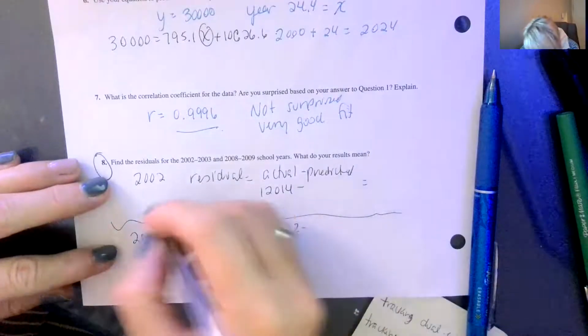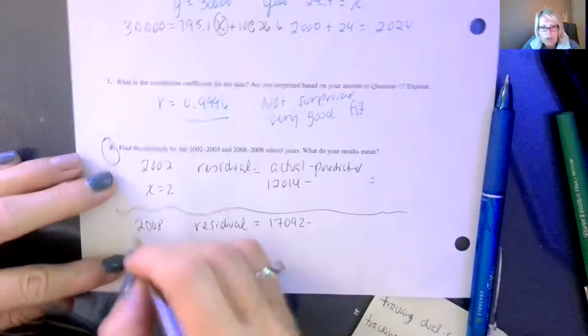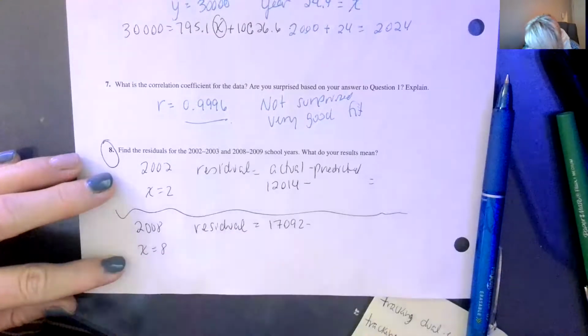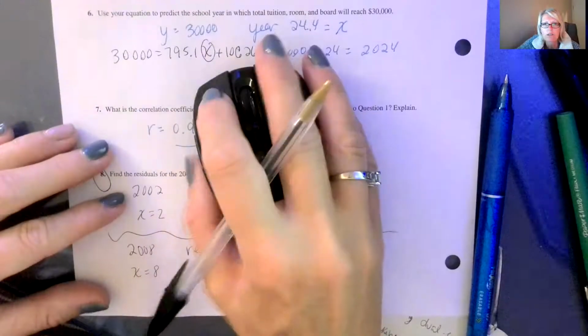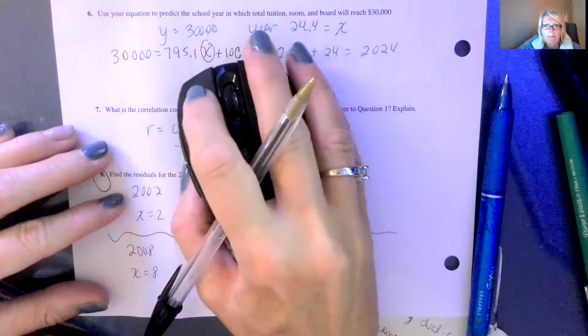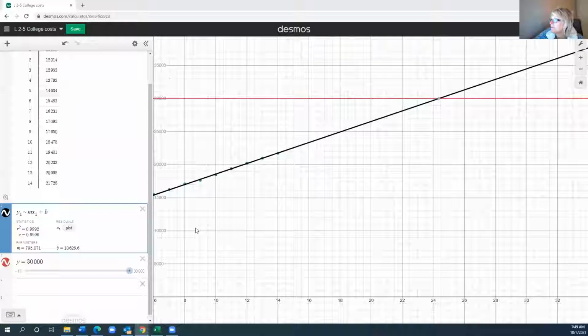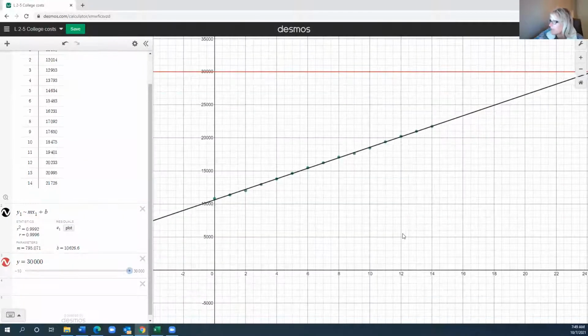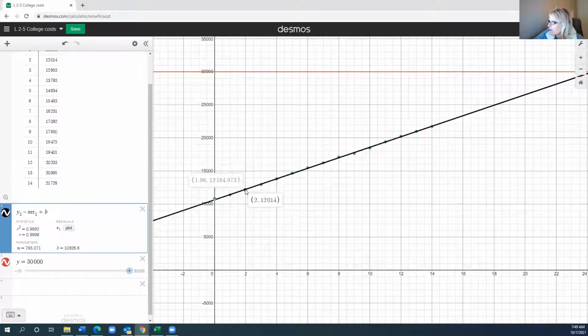In 2002, so when we go to Desmos to find the predicted, 2002 is x equal to 2, and 2008 is x equal to 8. So let's go find those two predicteds, and we can calculate our residuals. Excuse me, I'm going to scroll back over here. So for 2002, I'm going to go to my line, remember, and I'm going to go to 2. So it looks like I'm just at 12,000.